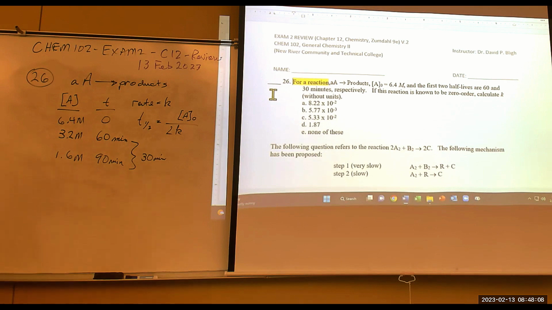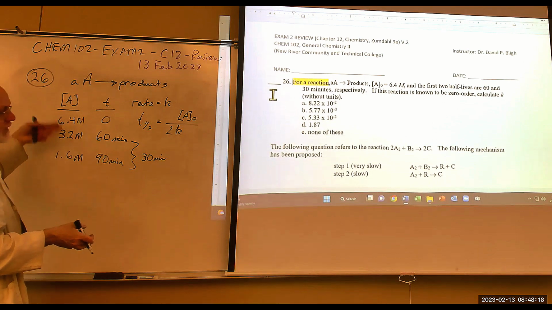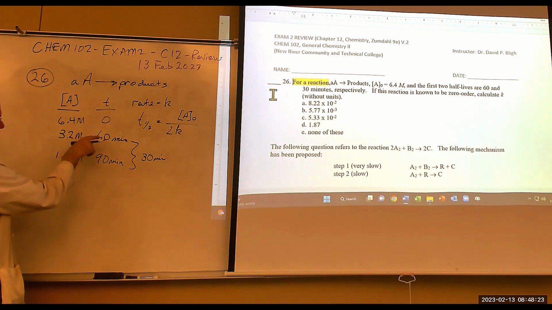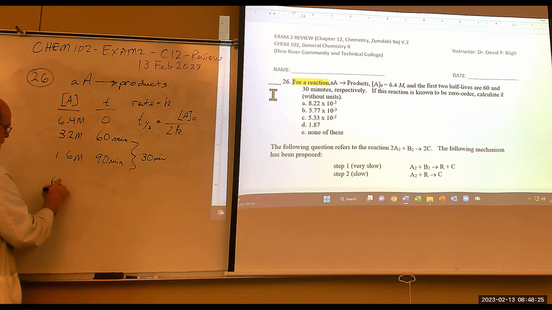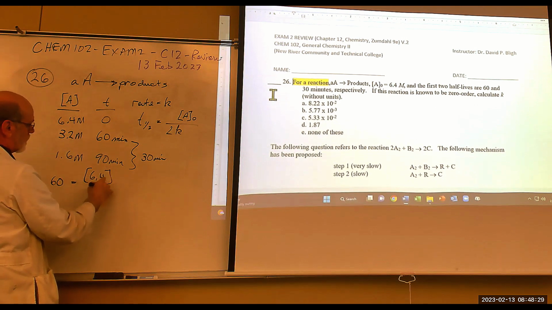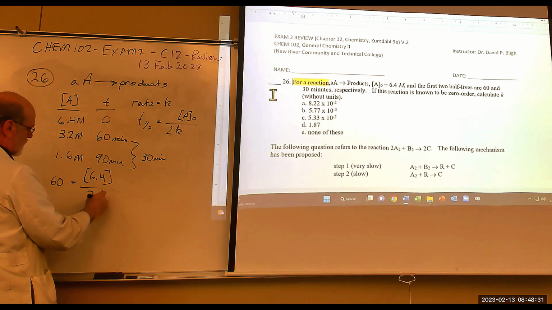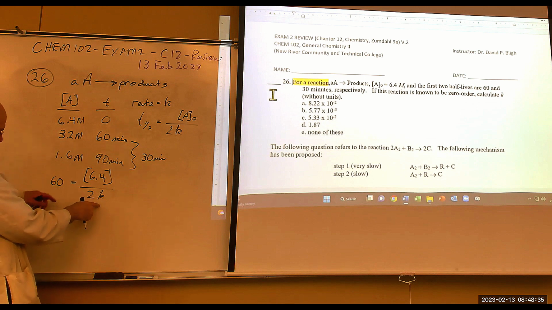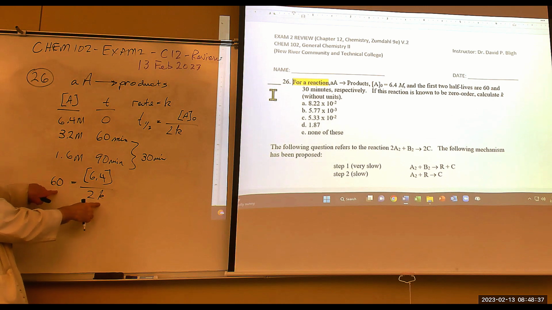All right. You're given it zero order, so we could use either one of these. We could say, okay, 60 minutes is the half-life. And then the initial concentration is 6.4 to K. So we just solve for K. Right? So I swap places with K and 60.